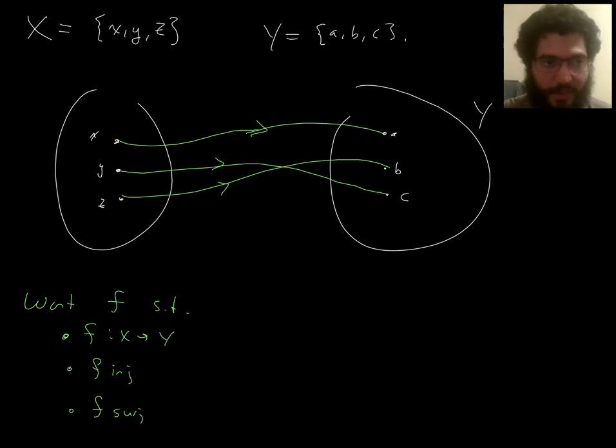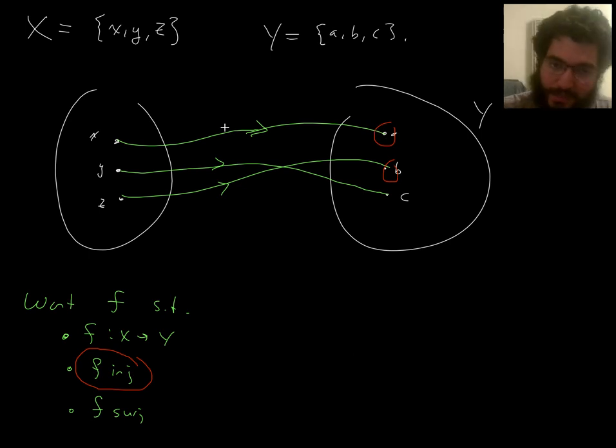Another way I like to think about it is in terms of existence and uniqueness. So injectivity alone is kind of a uniqueness statement. It's saying that for every element here, if there is somebody that maps to it, that somebody is unique, right? Injectivity says, for example, about A, that there's not more than one thing back here that maps to A. So that's a uniqueness statement.